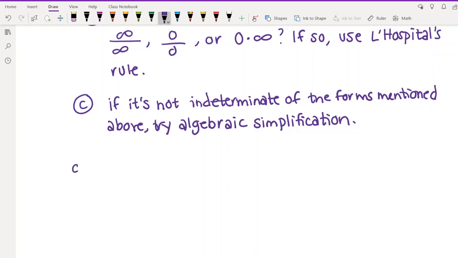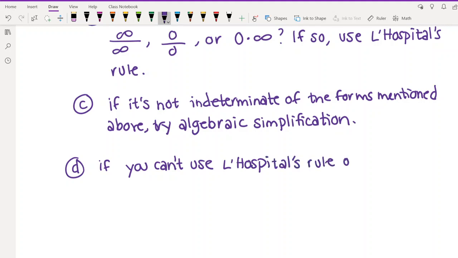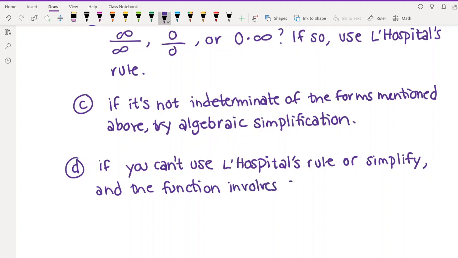And then lastly, if none of these things work, so if you can't use L'Hopital's rule or algebraic simplification, and if the function contains sine or cosine, then you can try the squeeze theorem.